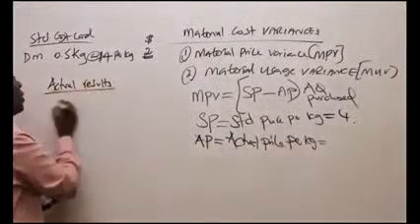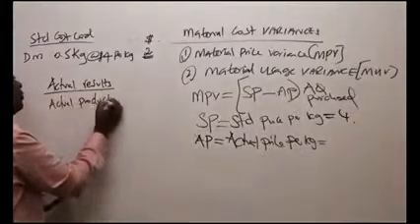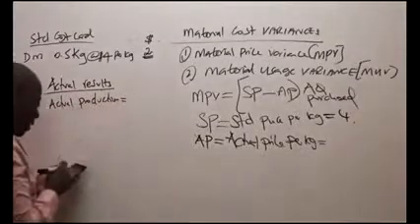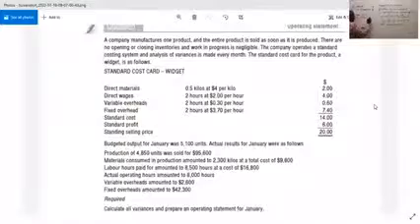In these actual results, they have given us the actual production. If you're able to see your question very well there, they have told us the actual production was 4,850 units.